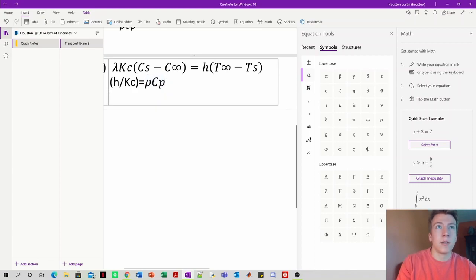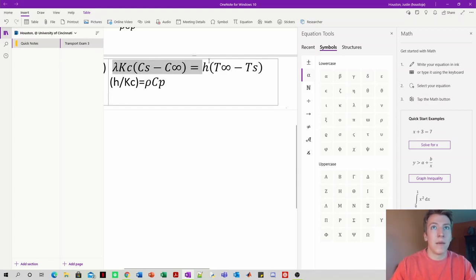So we can substitute this in by dividing the Kc across. So you'd have the H over Kc there. We can then plug in rho Cp for that, which is the density times the heat capacity.